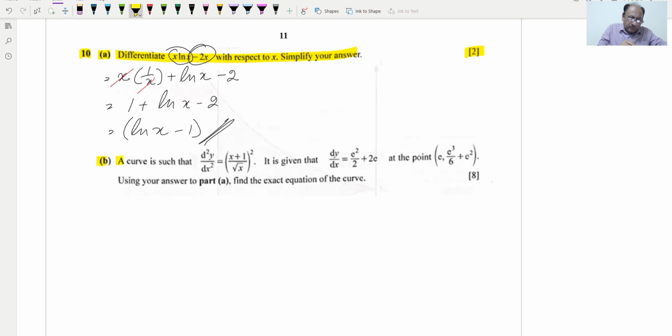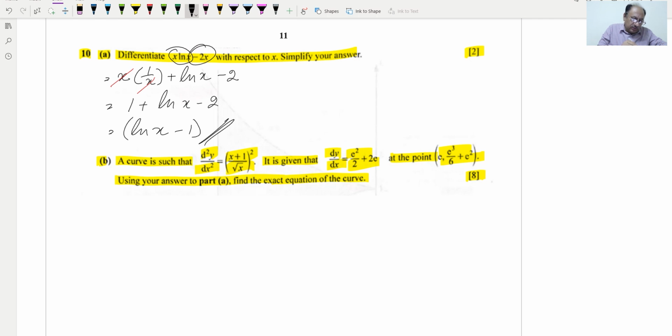Now B part, a curve is such that d2y over dx square is given, second order derivative is given. It's given that dy by dx is this one at the point this. Using your answer to part A, find the exact equation of the curve, and this is an 8 marks question. It's huge marks.